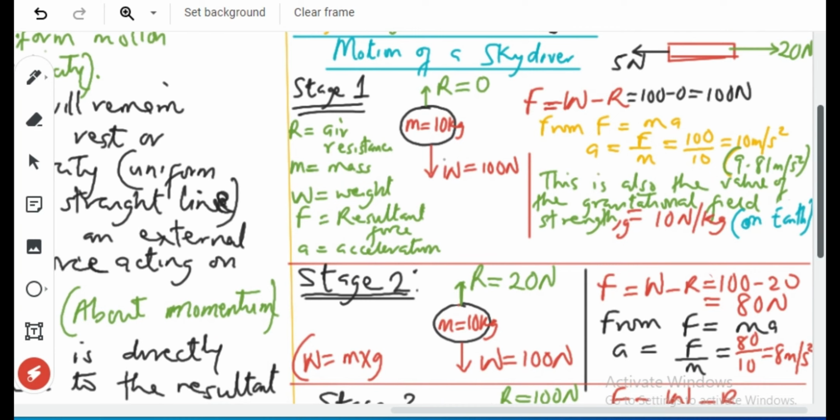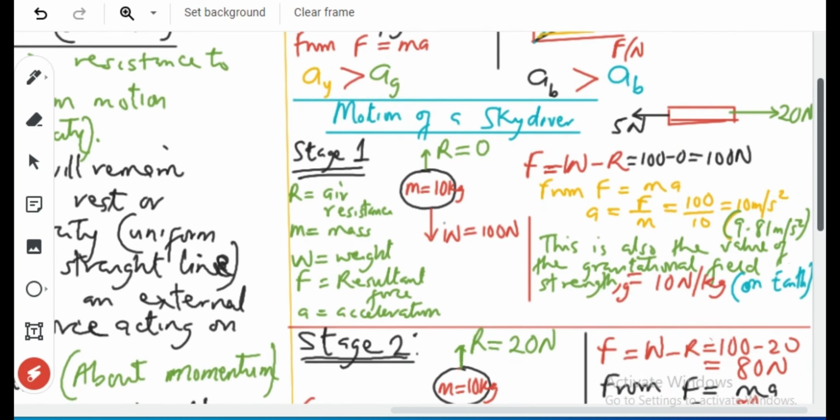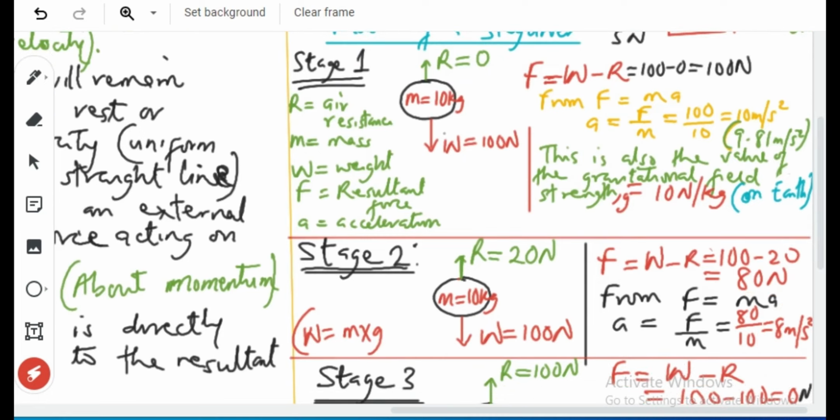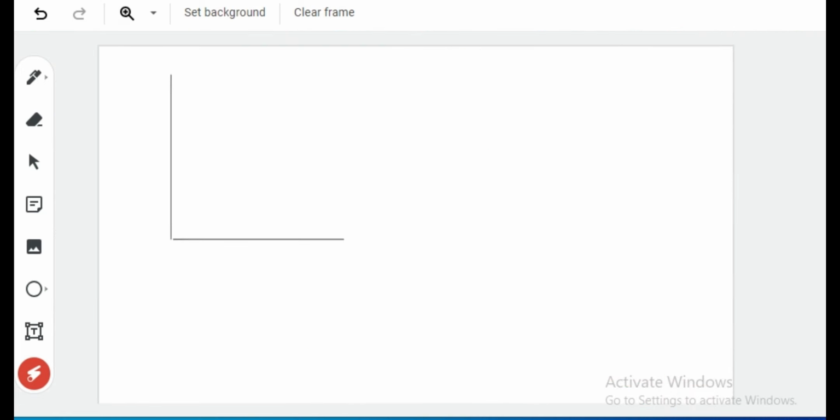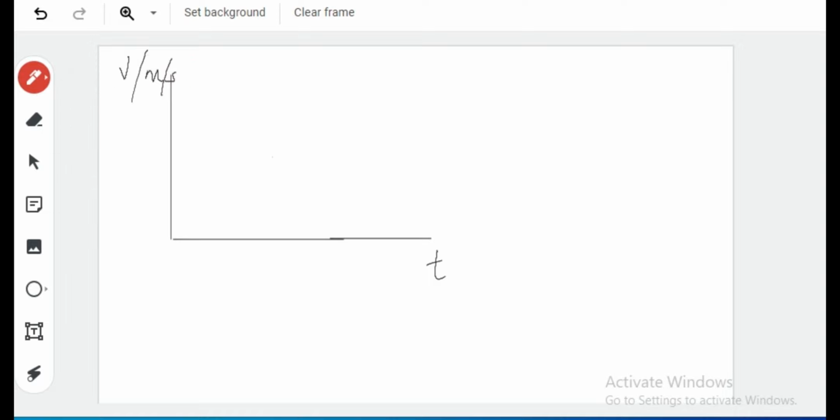Decreasing acceleration, from 10 to 8. That's decreasing acceleration, right? Okay. So the speed in meters per second against time, how will the graph go? You said it's decreasing acceleration.